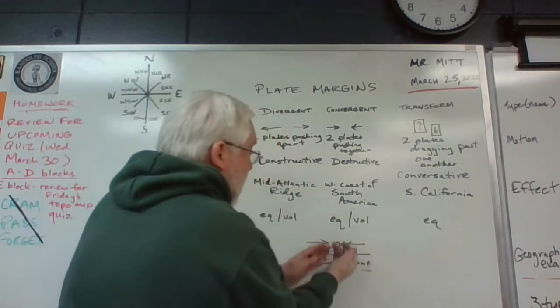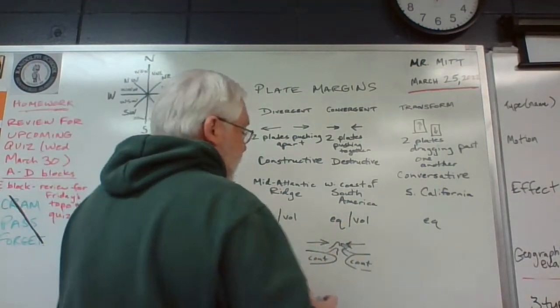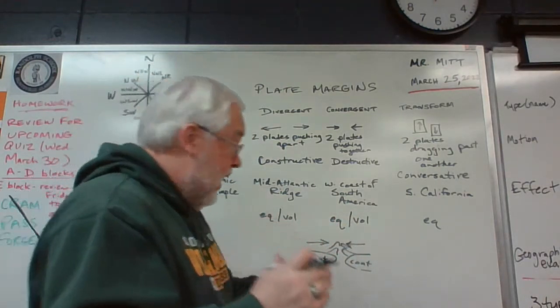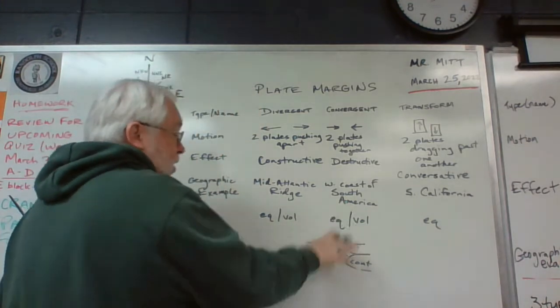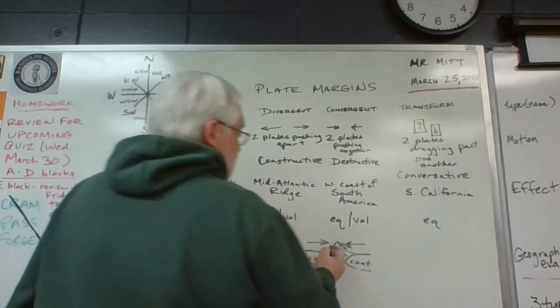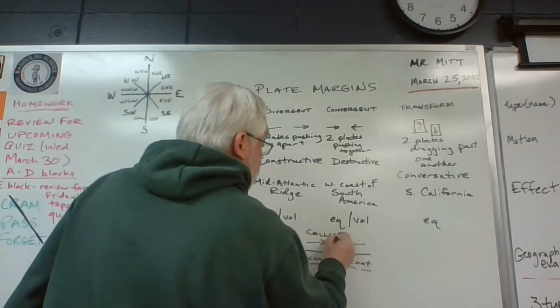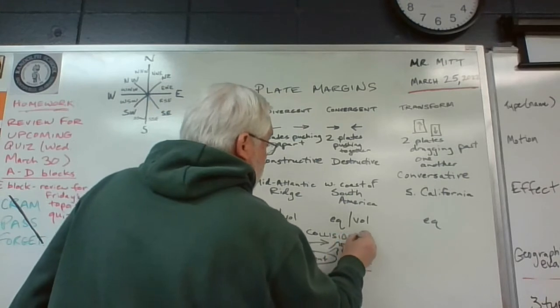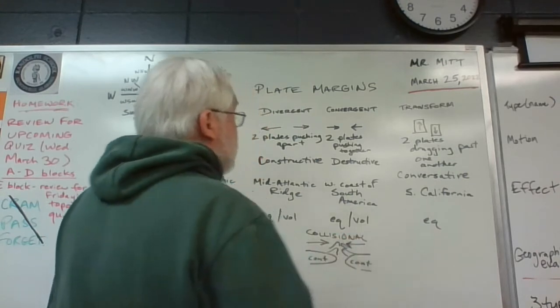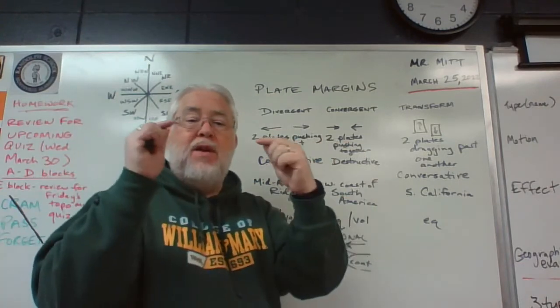As they collide, we have this crumpling up of material. This is high pressure. It can be high temperature as well, depending upon where you are in the rock sequence. But this is called a collisional margin. It's sort of a convergent margin because plates are coming together.